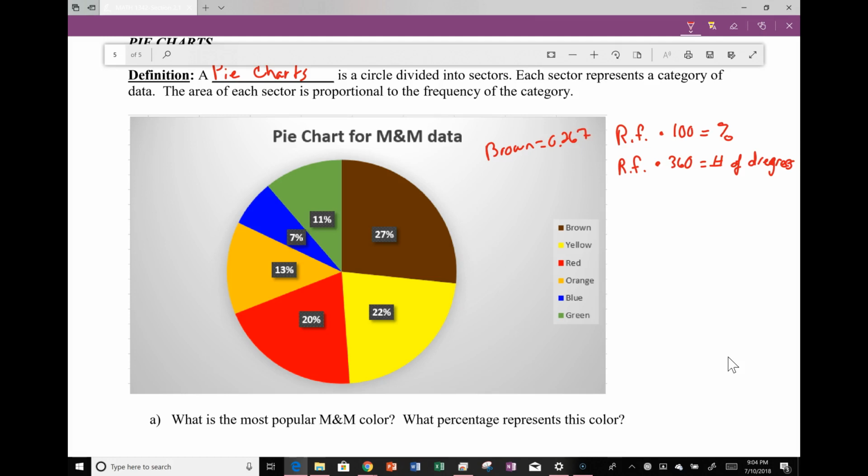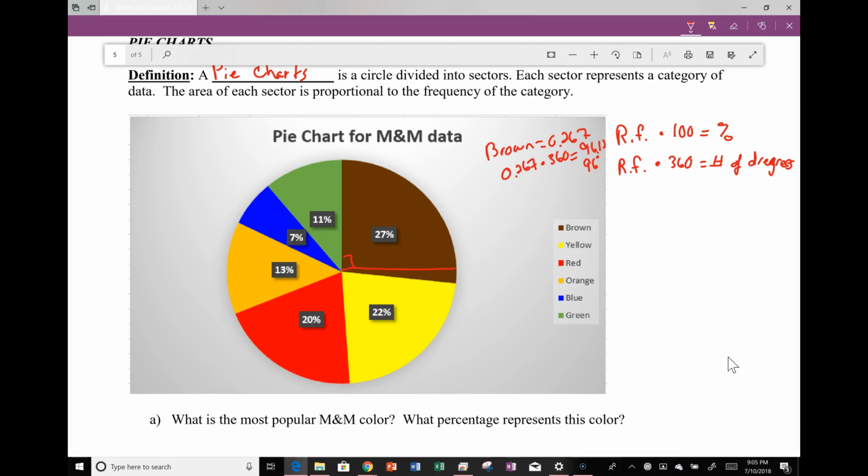If I take that relative frequency, 0.267, and multiply that by 360 degrees, my piece of the pie here is going to be 96.12 degrees, about 96 degrees. So you'll notice here 1/4 of this is 90 degrees, and so I've added on a little bit more.